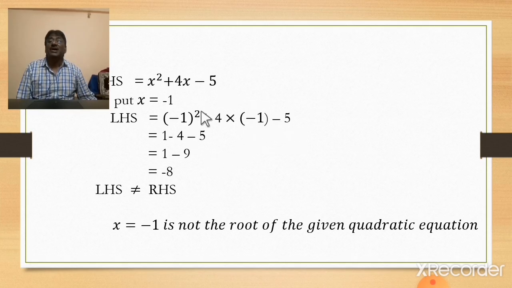The square of minus 1 is 1 and the multiplication of 4 and minus 1 gives minus 4, and minus 5 as it is. Now minus 4 and minus 5 becomes minus 9.